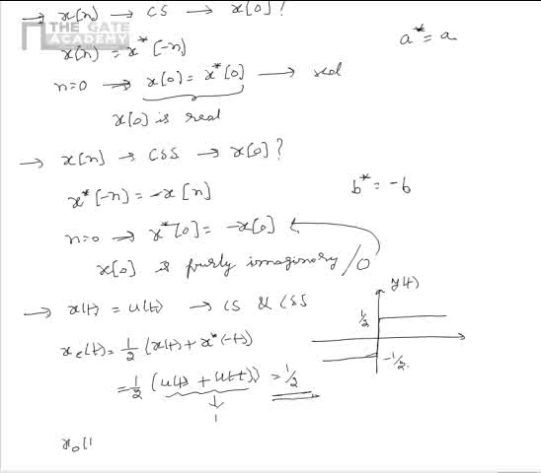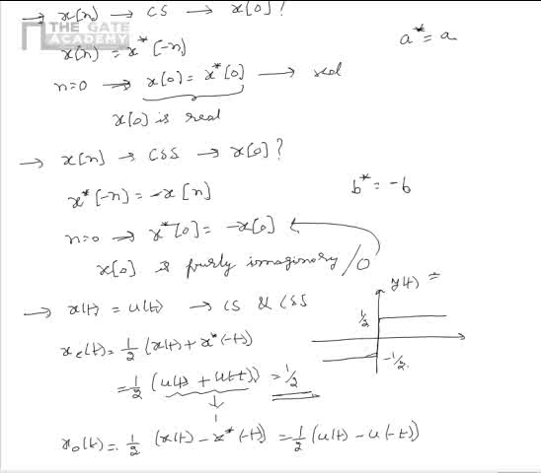Similarly, the odd component of the signal xo of t is given as half multiplied by x of t minus x star of minus t. This can be written as half into u of t minus u of minus t.